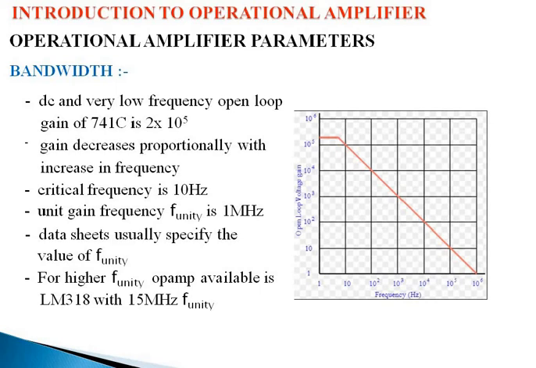If higher F unity is required, there are other op-amps available, that is LM318, which is having an F unity of 15 megahertz. The higher F unity means it becomes costlier. So usually instead of higher F unity op-amps, use several stages of this low gain op-amps.